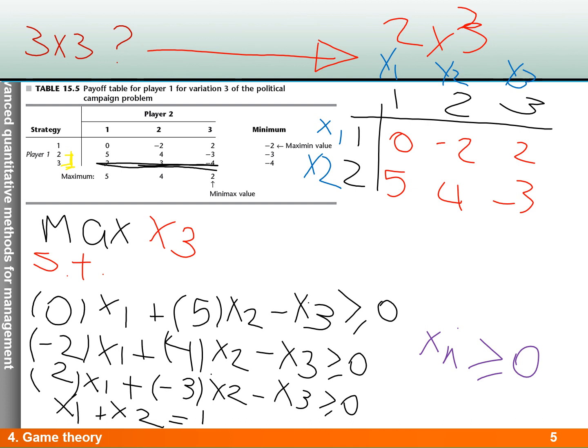So simply, I just formulated the table based on linear programming from the point of view of the first player. Why maximize? Because we want to maximize the minimum of losses, the maximin that we calculated before.